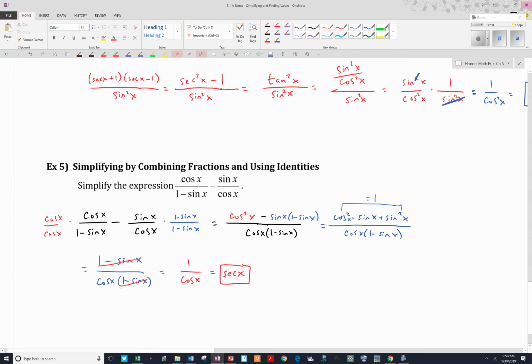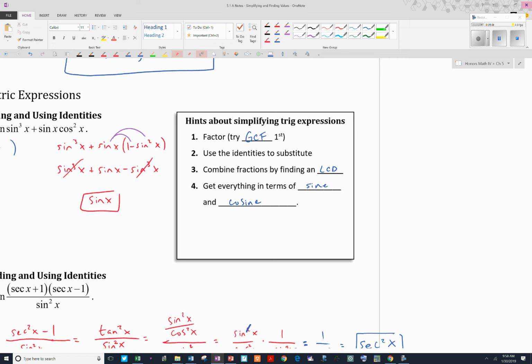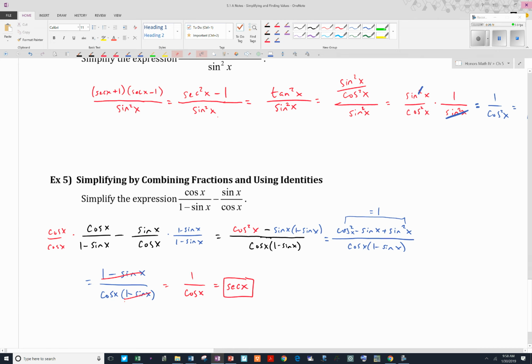Okay, so how do you know when you're done with these things? How do you know what direction to go in? If you follow these hints here, and try to get everything into one trig function and one term if possible, you'll start to see a path as to where you're headed. Like in this one here, I had to stop for a second to kind of see, is this making any sense right here?